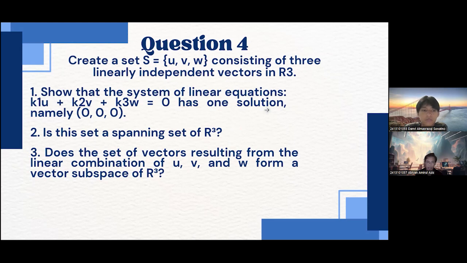Second, is this set a spanning set of R3? What is this set of R3? Third, does the set of vectors resulting from the linear combination of U, V, and W form a vector subspace of R3?